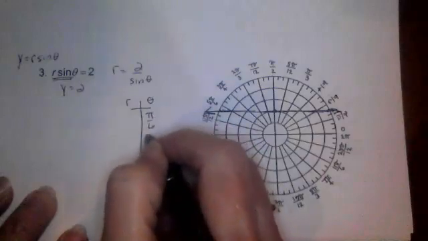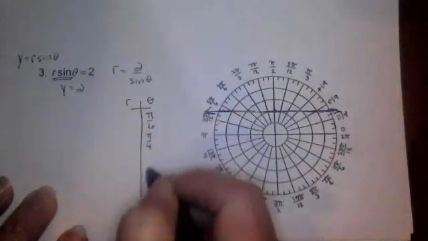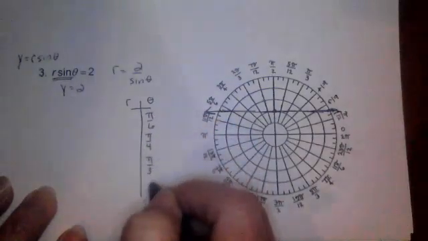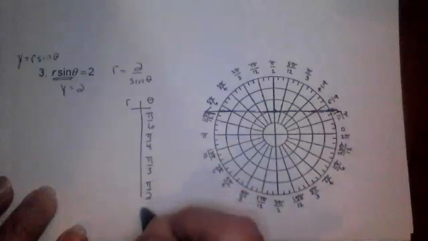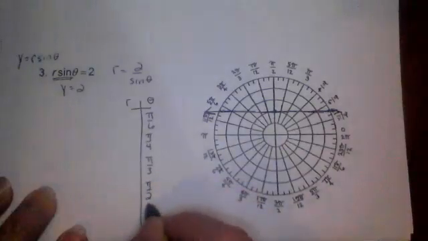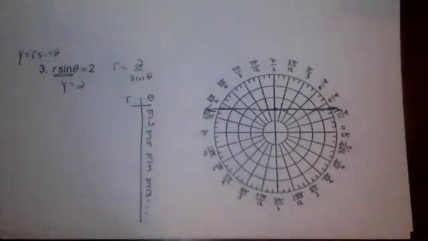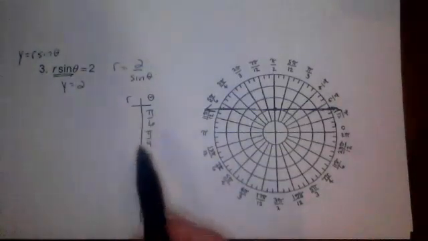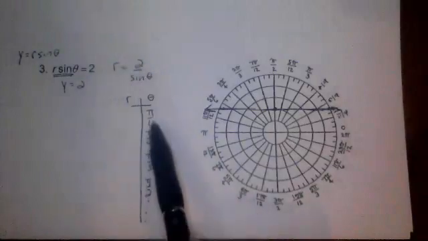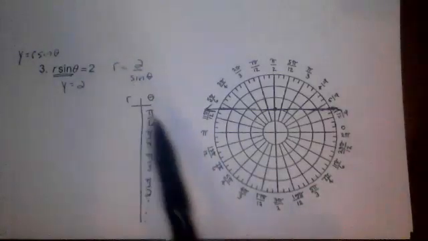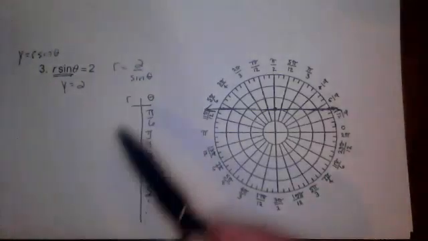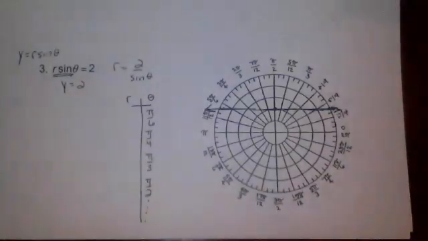So pi sixths, pi fourths, pi thirds, pi halves. We could keep going, but I'll just do those, okay? And so I'm going to take my calculator and just type these in: 2 divided by sine of pi sixths, 2 divided by sine of pi fourths, pi thirds, and pi halves, and get these r values.